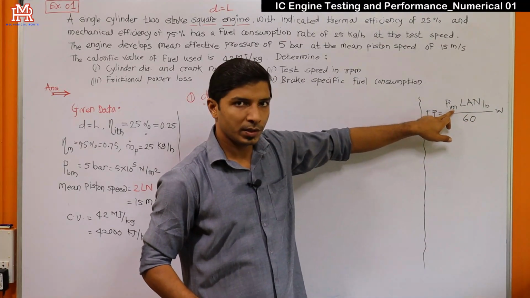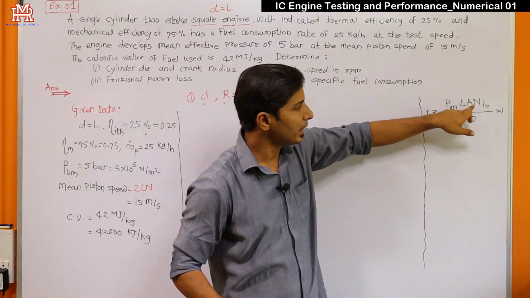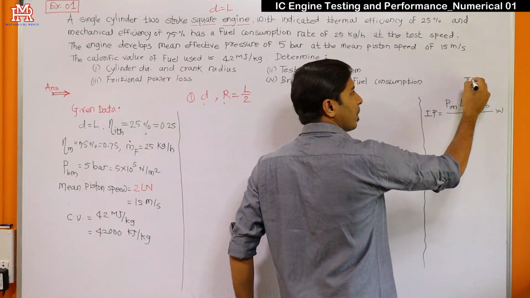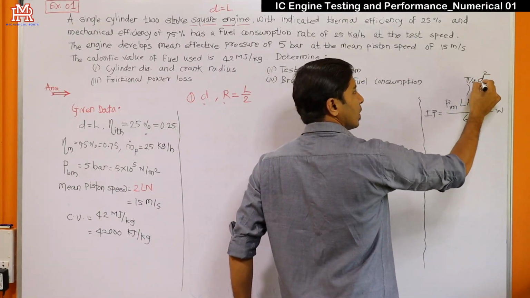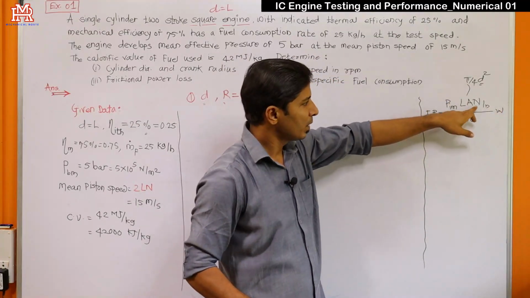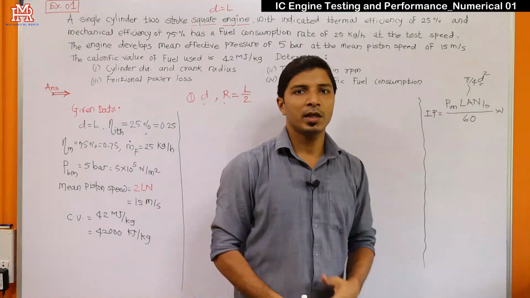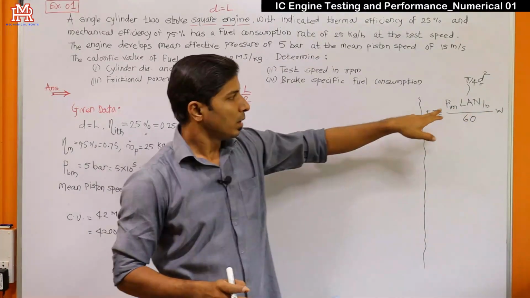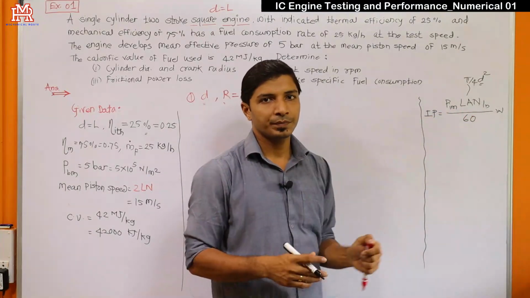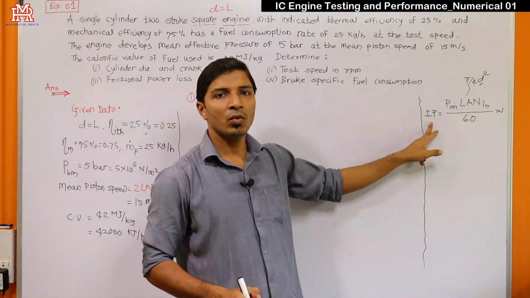Indicated mean effective pressure, stroke length, area, and in area we'll be using the formula pi by 4 d square, so with this formula we'll be able to find this diameter. Then N is revolutions per minute, and small n is revolutions required to complete one cycle, divided by 60, it is in watt.